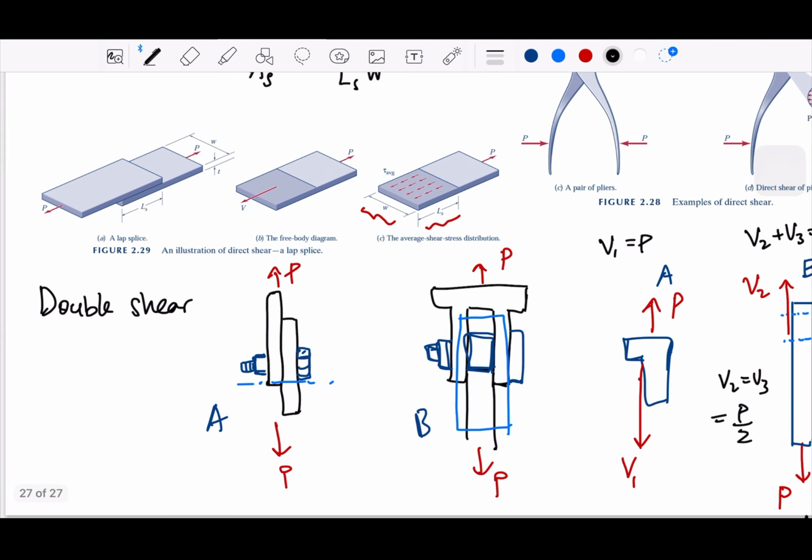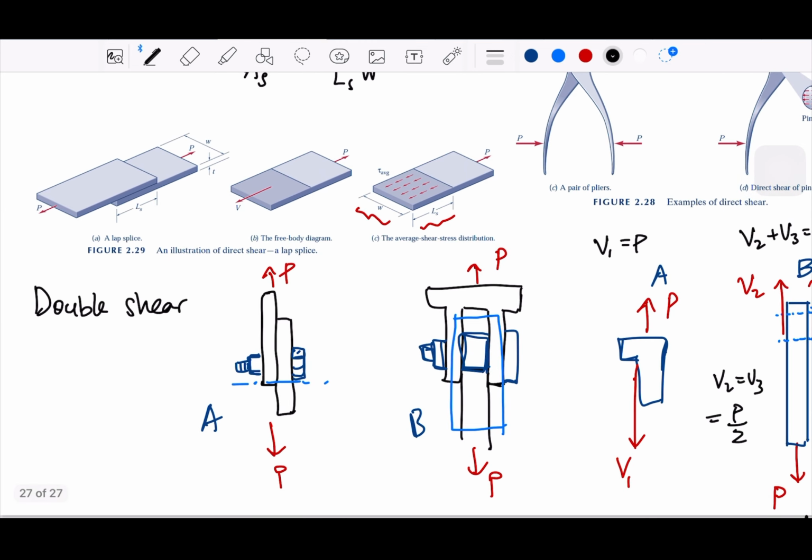So the average shear stress: this is single shear, and this is double shear.